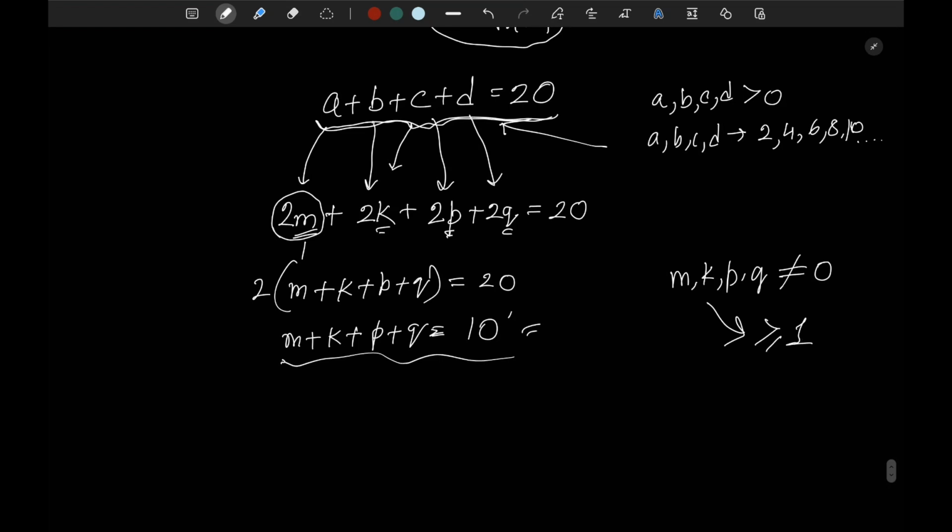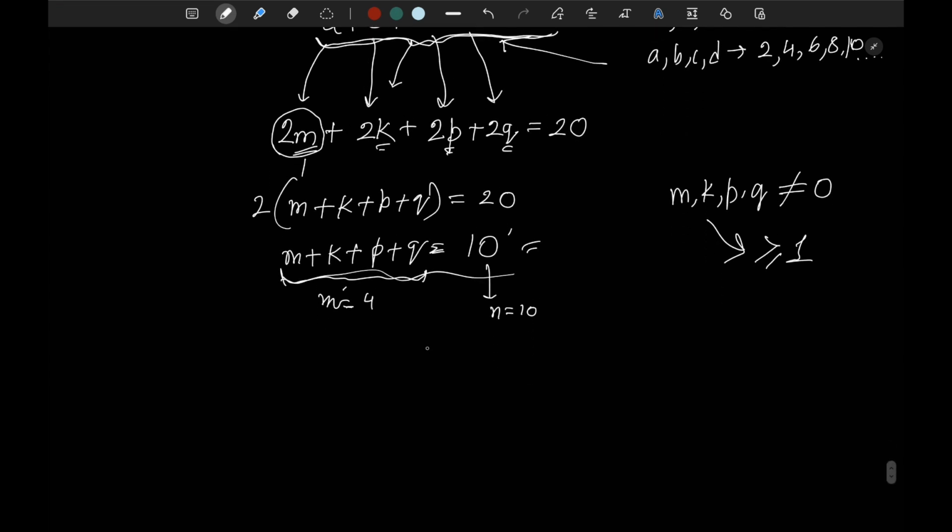So how many buckets or how many variables do we have? We have 4 variables, so your m is equal to 4, and n is equal to 10. So the number of solutions will be 10 minus 1 C 4 minus 1, which is nothing but 9C3. If you evaluate 9C3, it becomes 9 factorial by 3 factorial into 6 factorial.